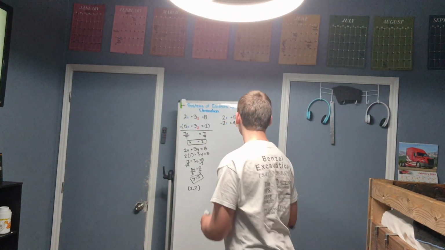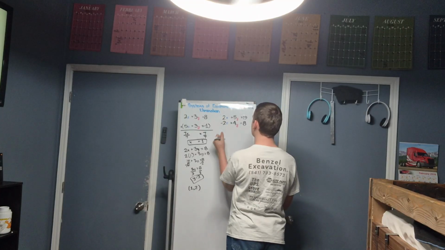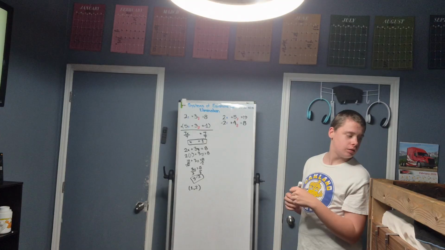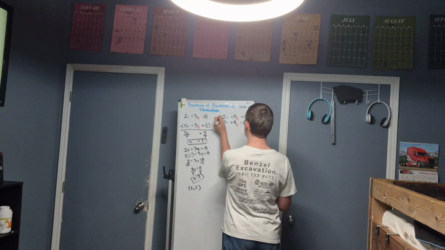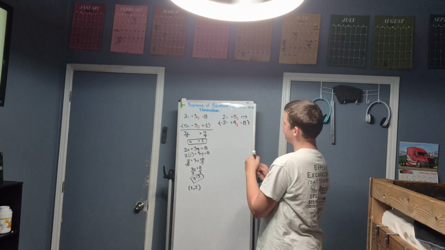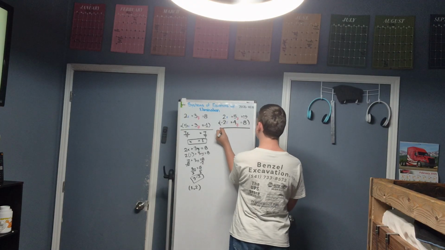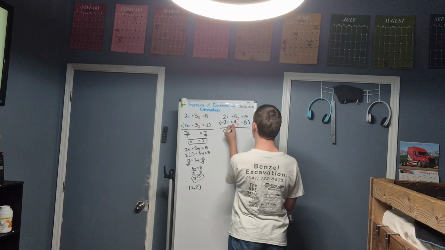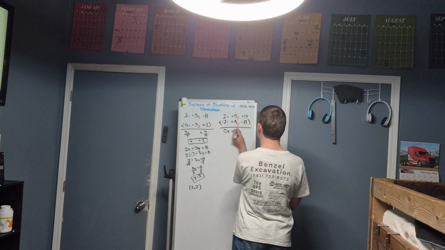Okay, so this is what we now have. We're going to add these two. 2x plus -2x. Well, 2 minus 2 is 0. So we're going to write it out as 0x. 5 plus 4 is 9. 19 plus 8 is 27.